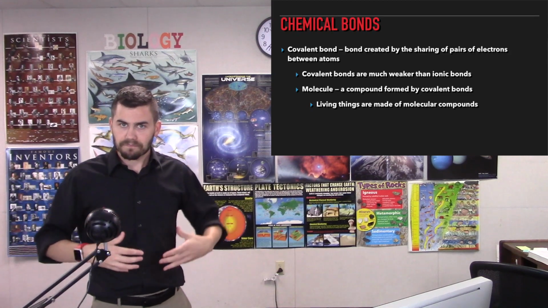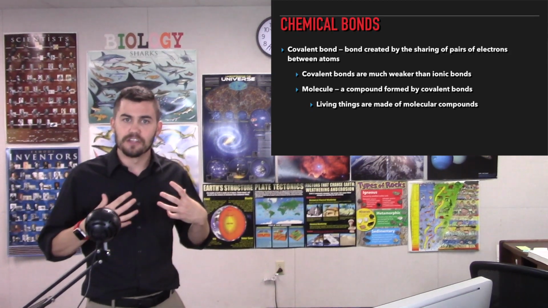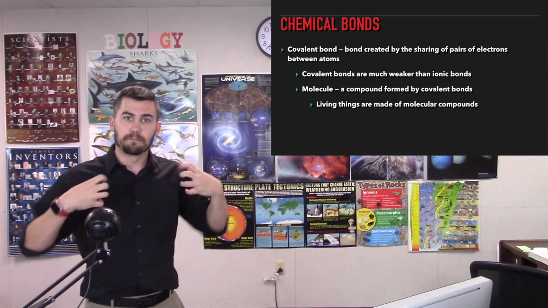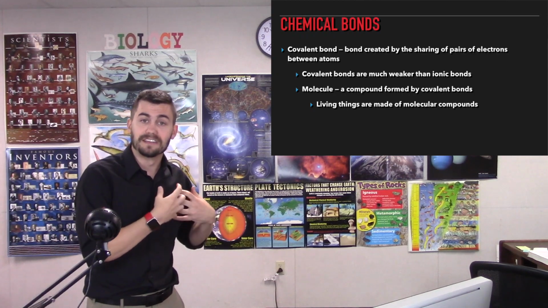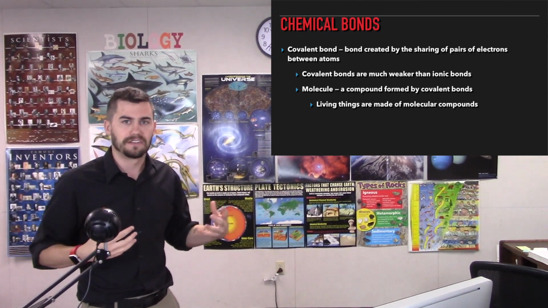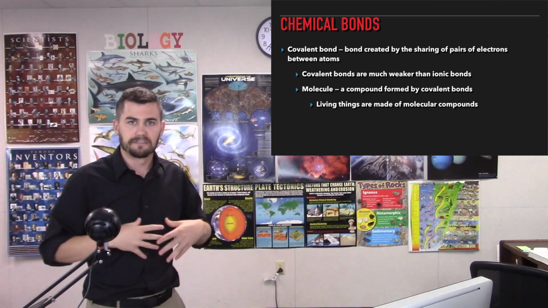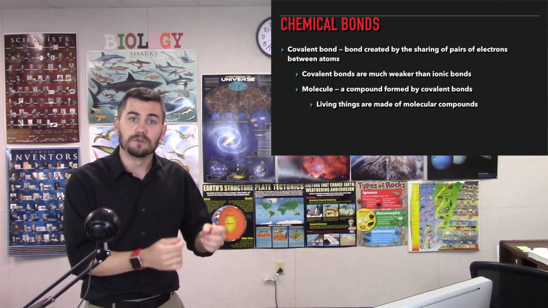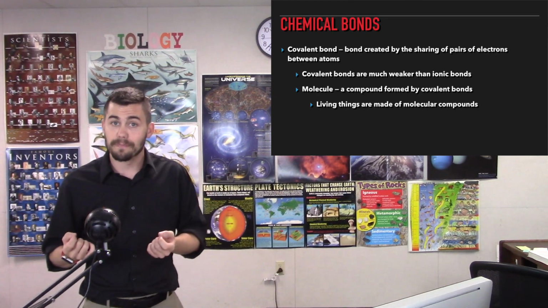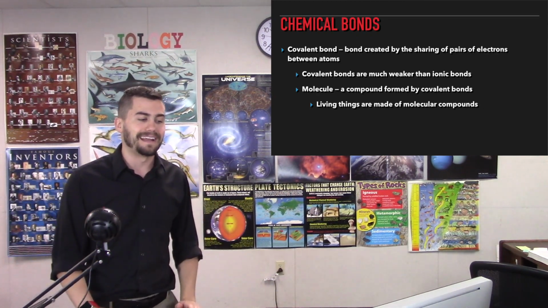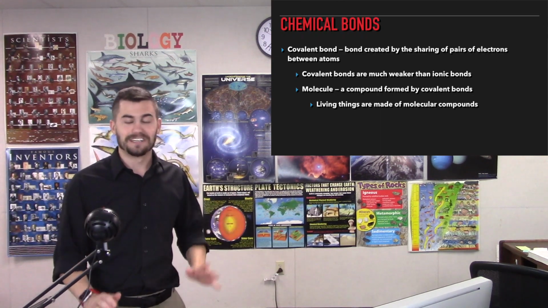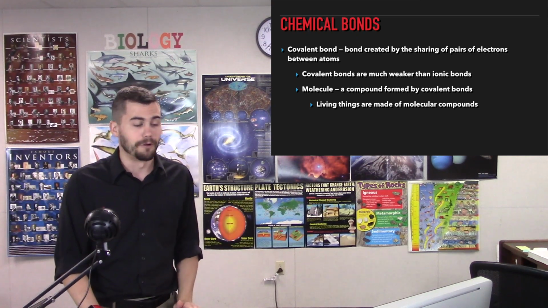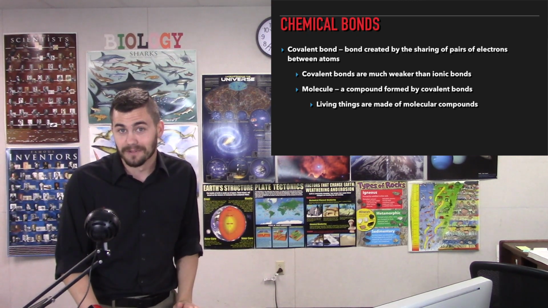Life, the busyness of the chemistry within you, in your cells are constantly breaking things apart and building them into new things, breaking apart carbohydrates for energy, building up proteins to build your body or to do whatever. We have to use low energy compounds for that. So life is made out of molecules. The energy to break apart ionic compounds would be much too great for life to be possible, I suppose we could say.